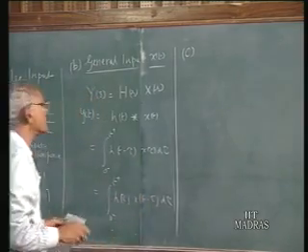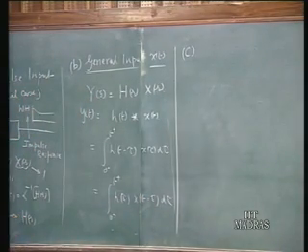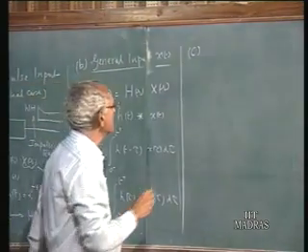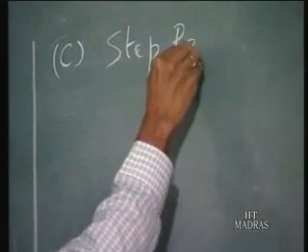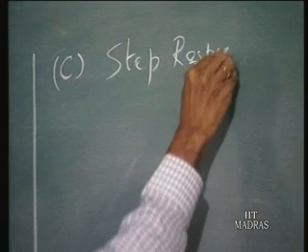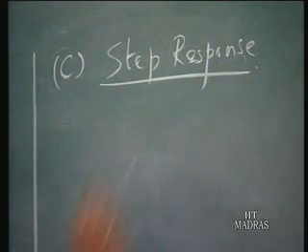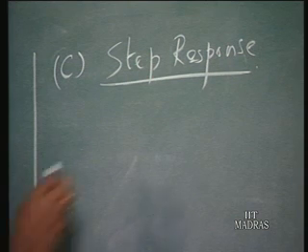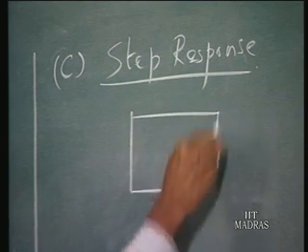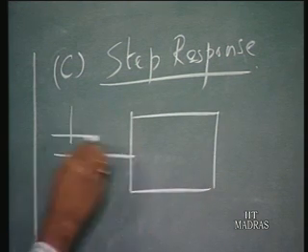A third aspect: I also mentioned in our earlier discussion that step response is also a way of characterizing a linear system. So let us see how it is related to your system function H of s. So in step response, we are thinking of a unit step applied as the input.